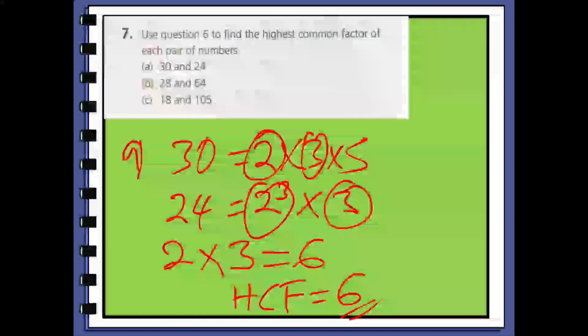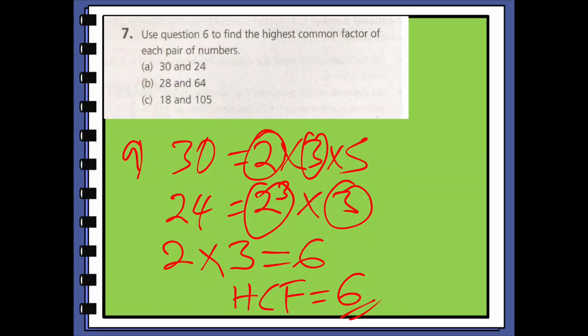Right, then the last question is a bit different because it says use question 6 to find the lowest common multiple. Lowest common multiples have got a different method. For highest common factor, we picked common numbers, right? 2 was common and 3 was common.